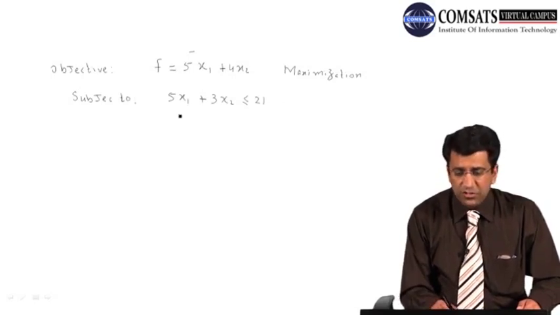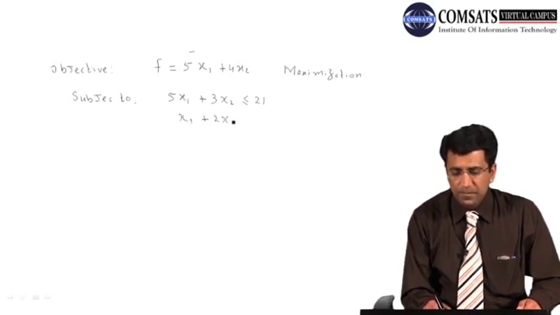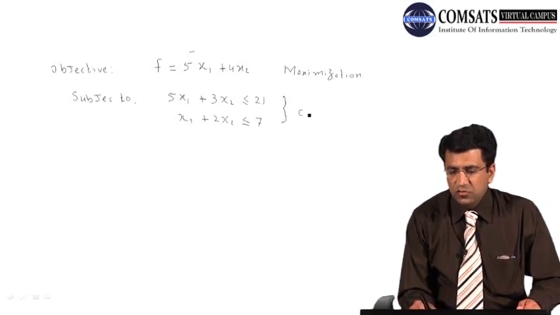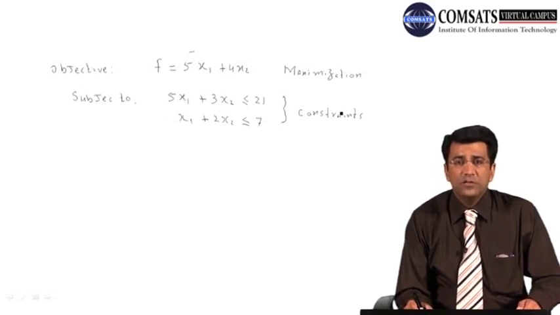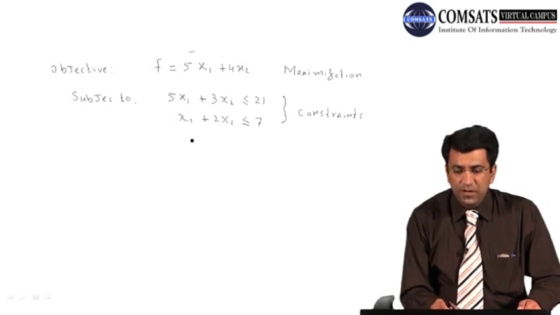There is another constraint which is x1 plus 2x2 is less than or equal to 7. So these are actually two constraints. And we'll have to maximize our objective function by fulfilling both of these constraints.